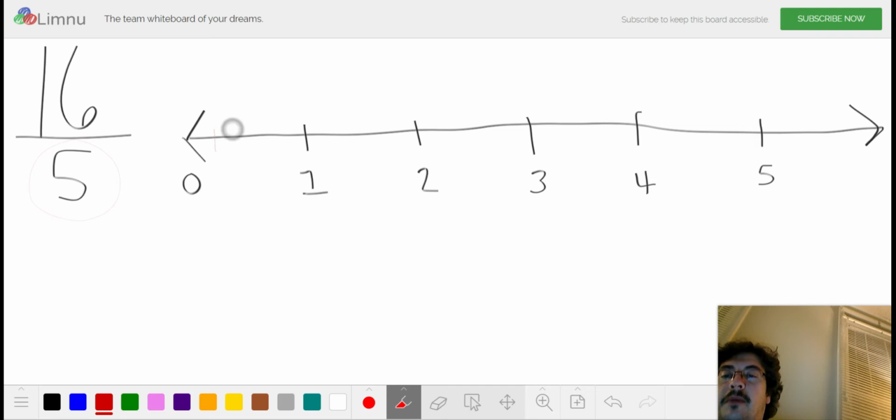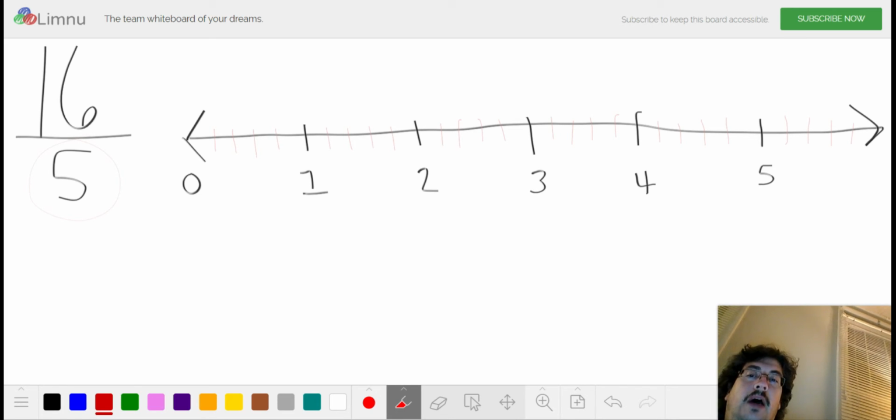So I'm going to try my best here to make these as equal as I can. I'm sure some of you guys are much, much better at this than I am.